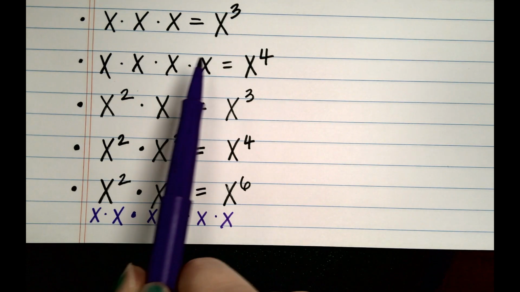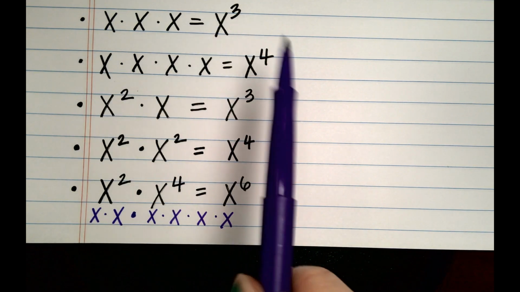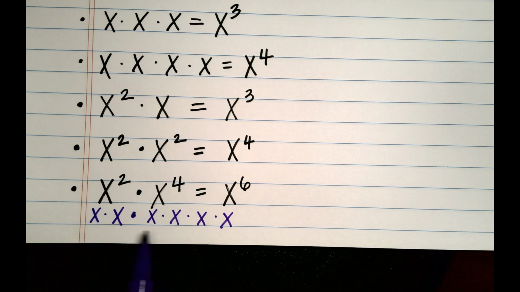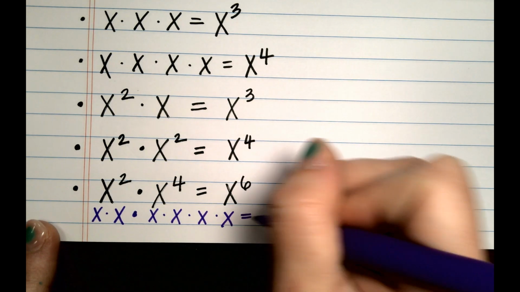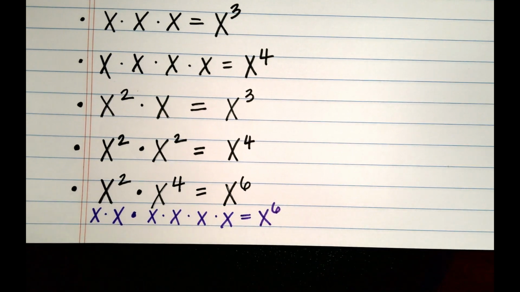For however many x's we're multiplying, that's the number of our exponent. How many x's are multiplied here? 6. So x to the second power times x to the fourth power is x to the sixth power. Kind of cool. I think it's neat just to see it all written out like that.